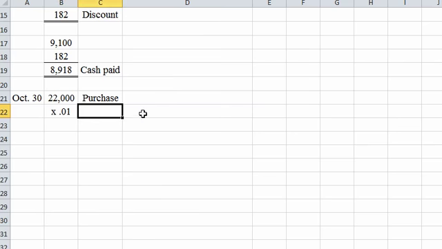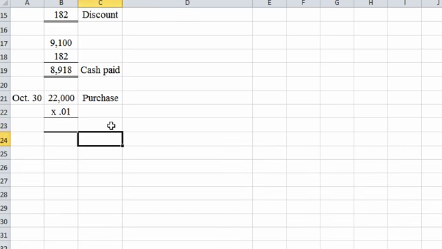You might be wondering why they're offering a larger discount to some customers. Could have to do with the amount of volume we do with that particular company. Maybe we do more volume with a company offering us a 2% discount.